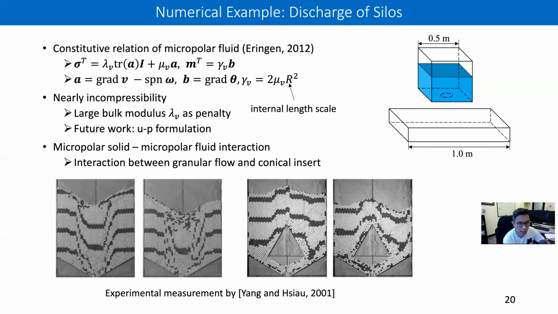Okay, so this incorporates the size effect, which could be important for many problems just to get more realistic simulations. But in this particular case, it's very important. We have a background video with a box full of soil here. At the bottom, there's a hole, and we can see the discharge of the particles.